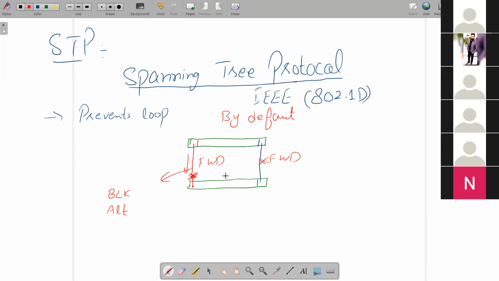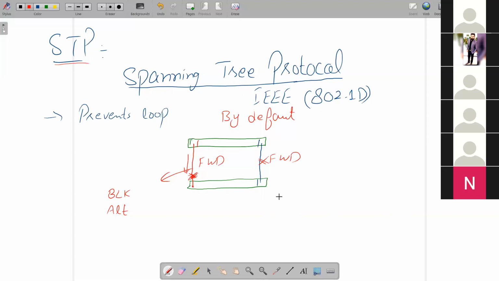You got my point? So now I don't need to check this interface. I don't need to put it into the shutdown state or the undo shutdown state. Simply, STP will take care of this. I don't need to go to every individual switch and check what is the backup and which link is currently in the forwarding state, which link goes down, which interface I need to bring up.